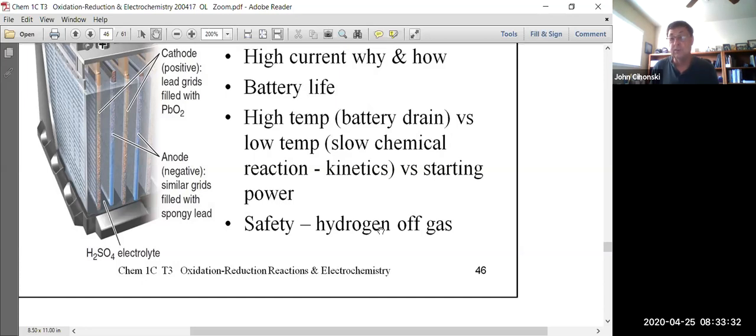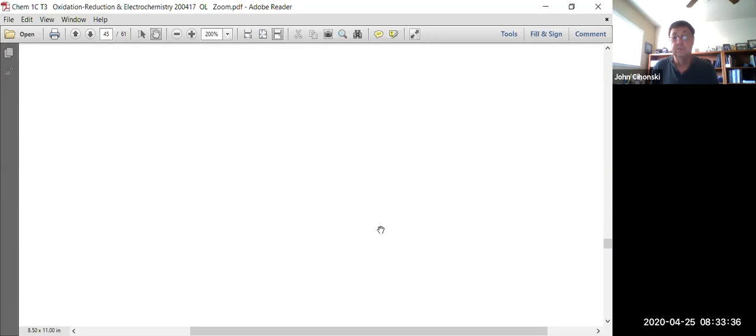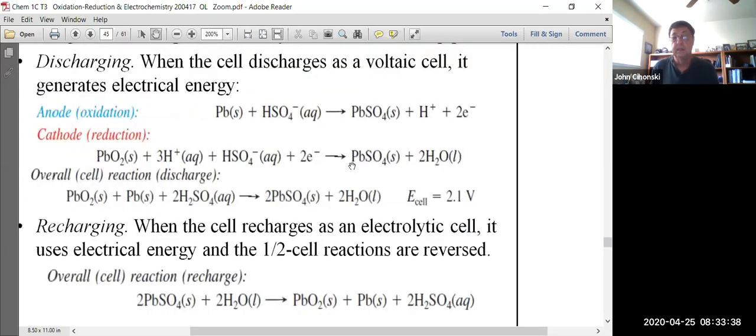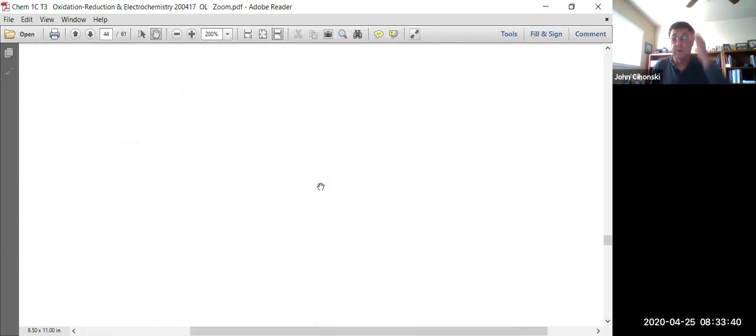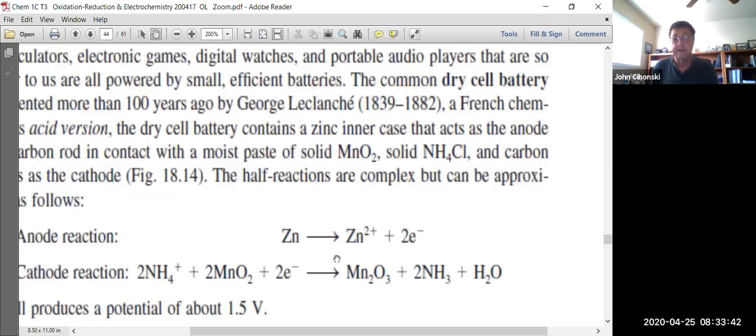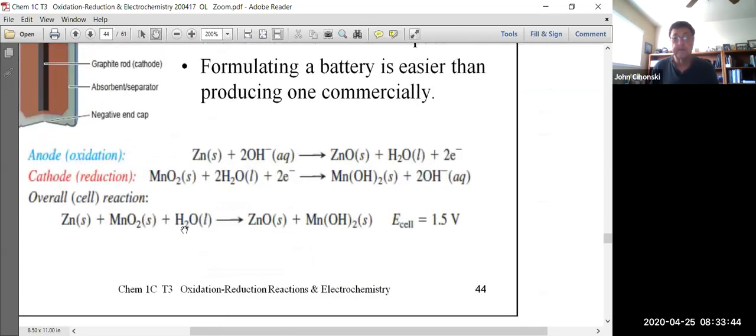Whereas for the alkaline battery, if you remember, we showed you that there was water involved in that, okay? That's why you don't recycle these batteries, recycle with respect to recharge, because that water will break down as well.